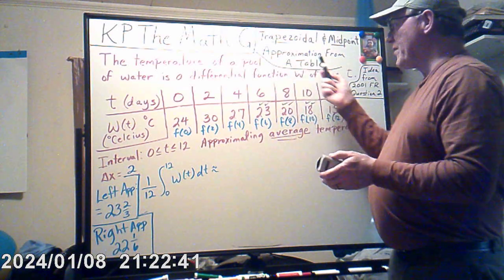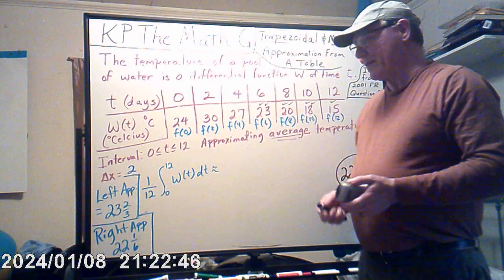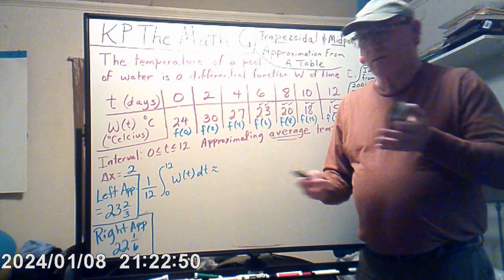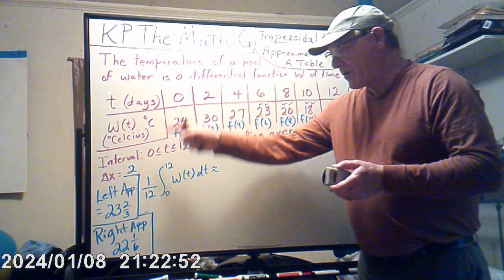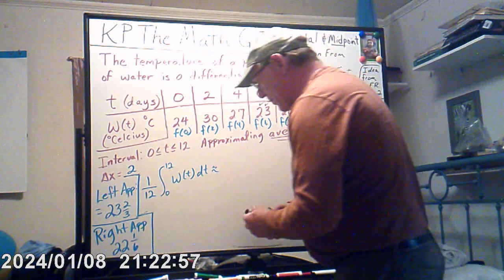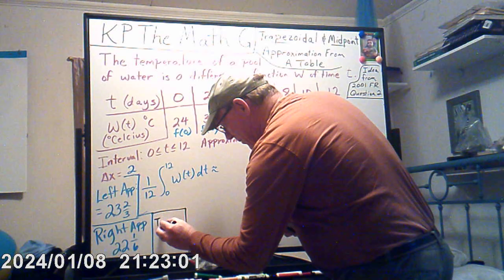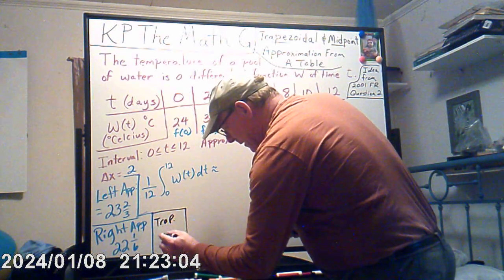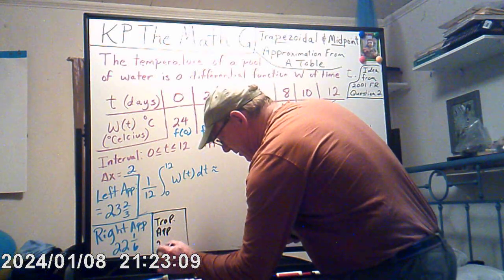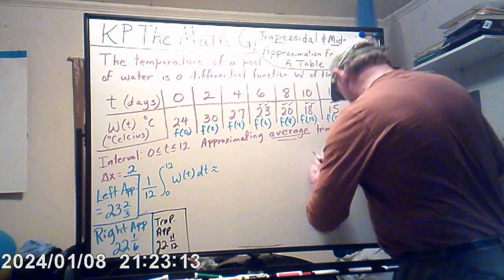In 2003, they had another one that wanted a left approximation. You can look at my videos and see the difference between which one is left and right. I did that in the video before this. So the trapezoidal, we're just going to put trap for trapezoidal approximation. And that was 22 and 11/12. Alright, good.